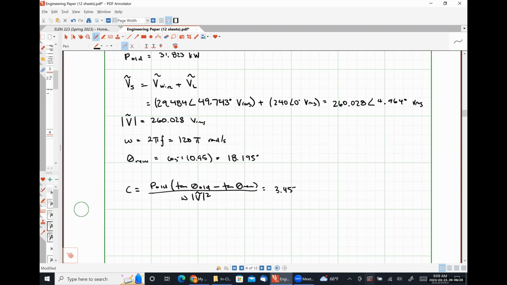That gives 3.455 times 10 to the minus 4 farads. So that's about 345 microfarad capacitance.